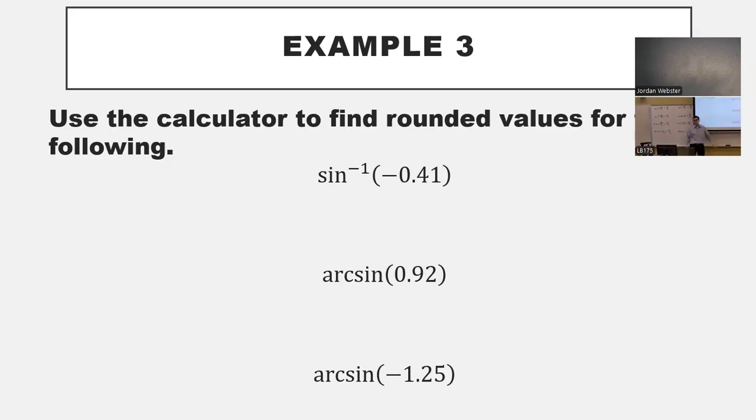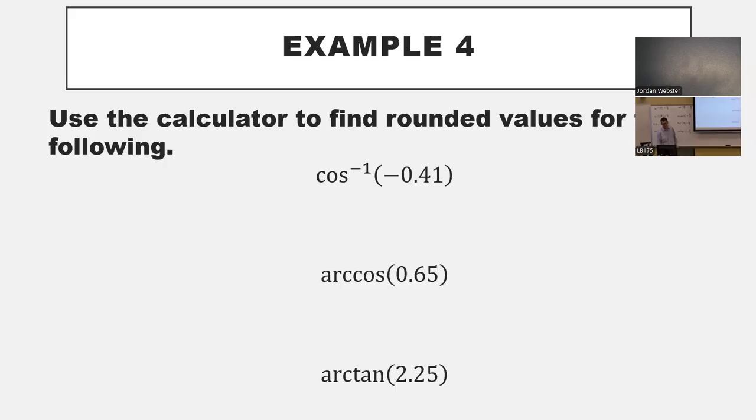By the way, tangent does not have that problem. So, for instance, if I wanted to do arctangent of 2.25, tangent is the ratio between the 2 points, and that ratio can go from -infinity to +infinity.